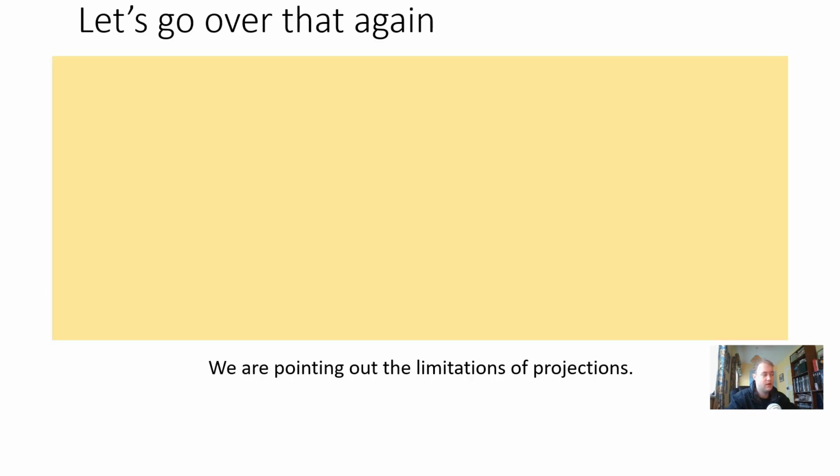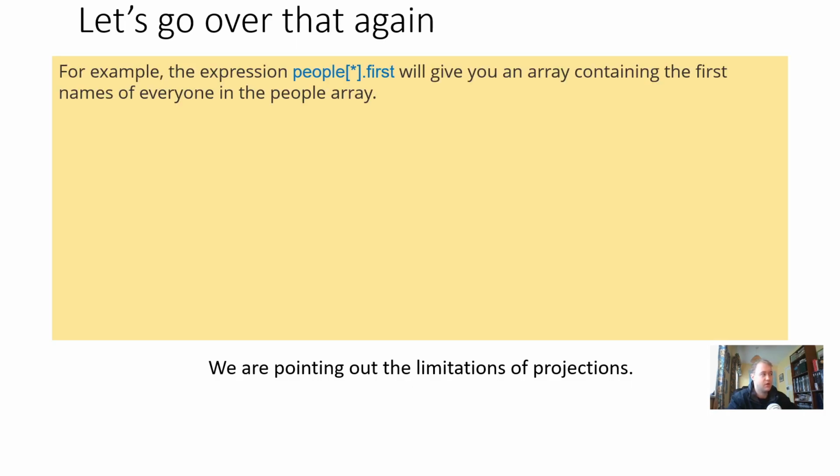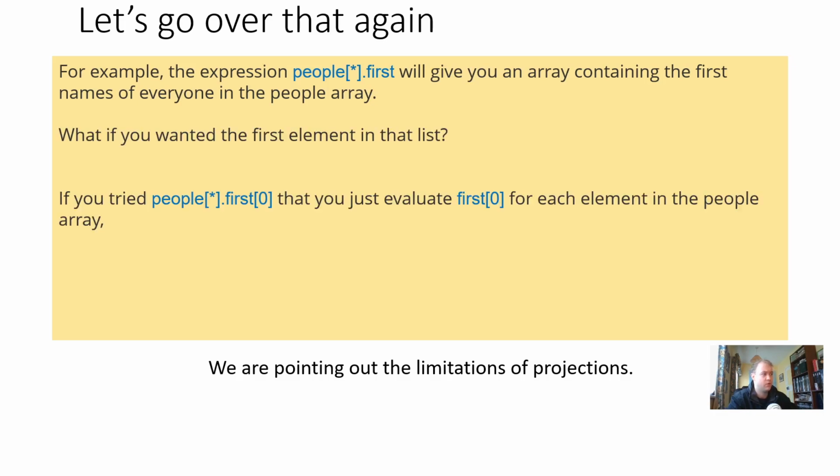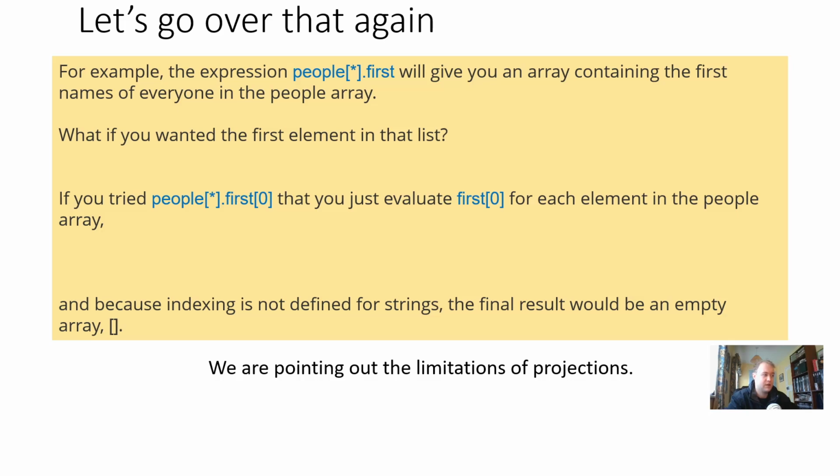So that bit of text was a bit confusing to me, so let's go over it again. The expression people star first will give you an array containing the first names of everyone. What if you wanted the first element? They were pointing out that if you did first 0, that wouldn't work, and indexing is not defined for strings. So you desire one name.